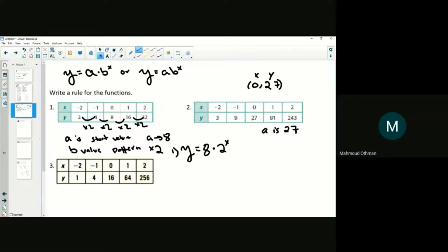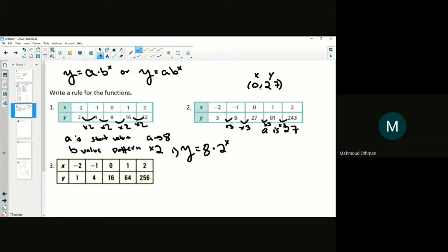Could I multiply to get here? Let's test it out. How do I get from 3 to 9? Multiplied by 3. How do I get from 9 to 27? Multiplied by 3. 27 to 81. Multiplied by 3. 81 to 243. Multiplied by 3. So that's my pattern. You multiply by 3.